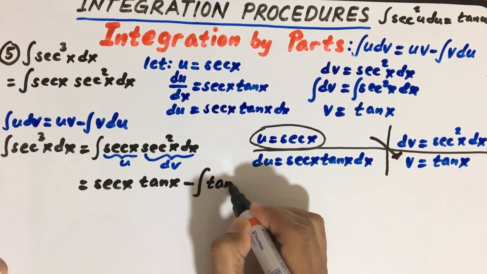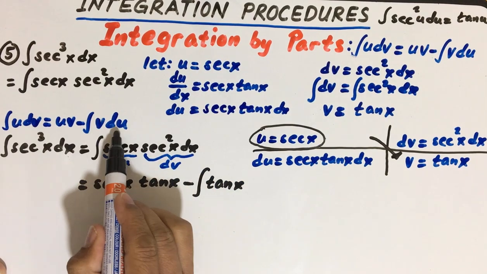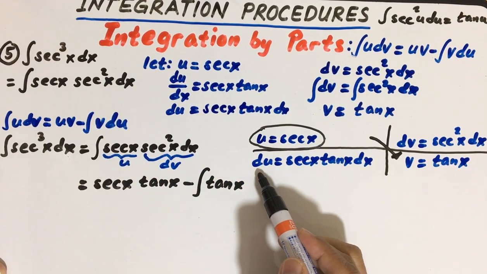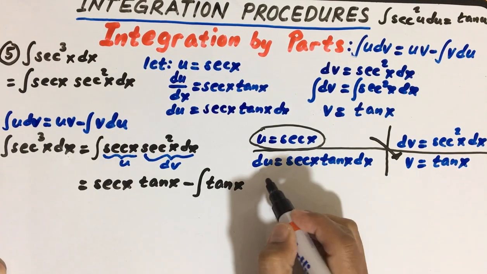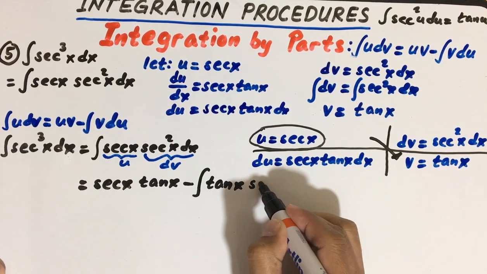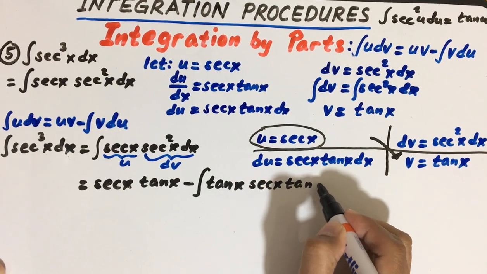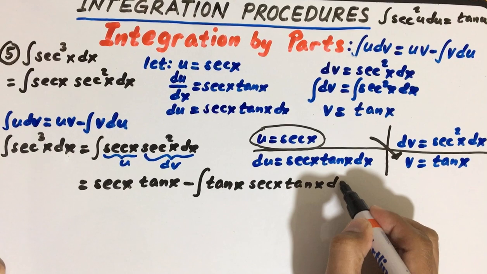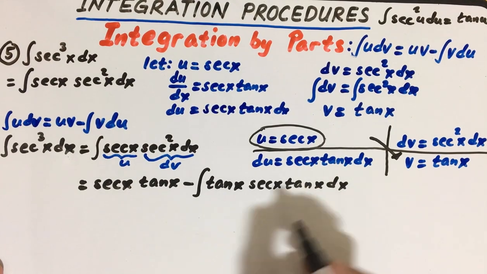So tangent x times du, right? So we have v du. But what is our du? Our du is secant x tangent x dx. Alright, so that is now our resulting integral for the second part.